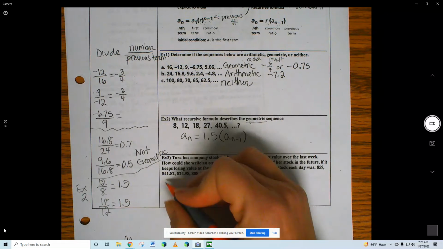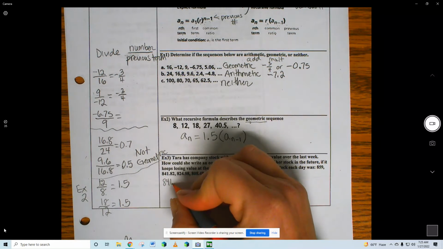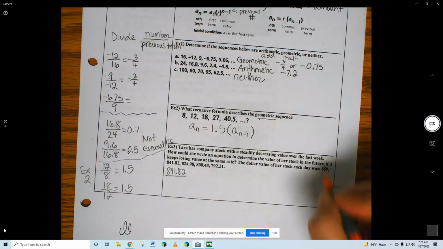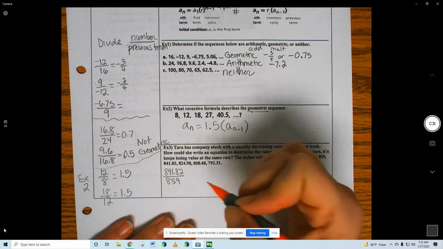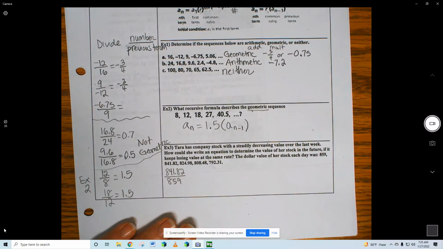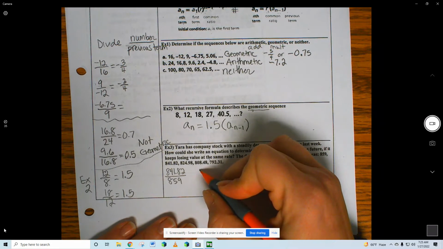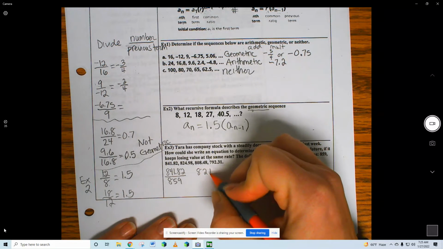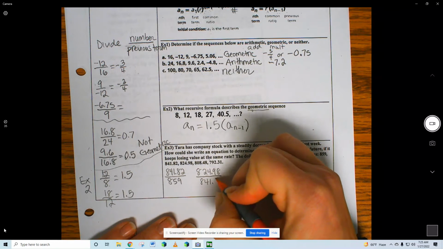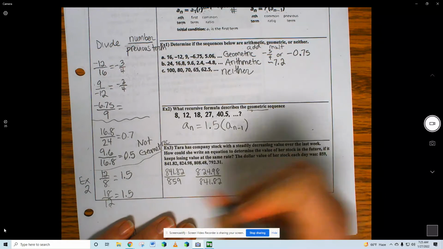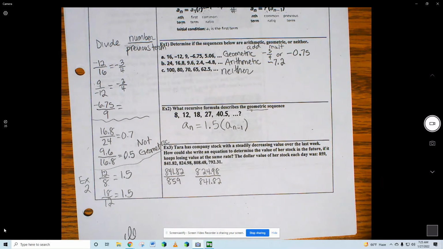Okay, $841.82 divided by the number before it, 859. The next number, $824.98, divided by the number before it, $841.82. What's this division problem?